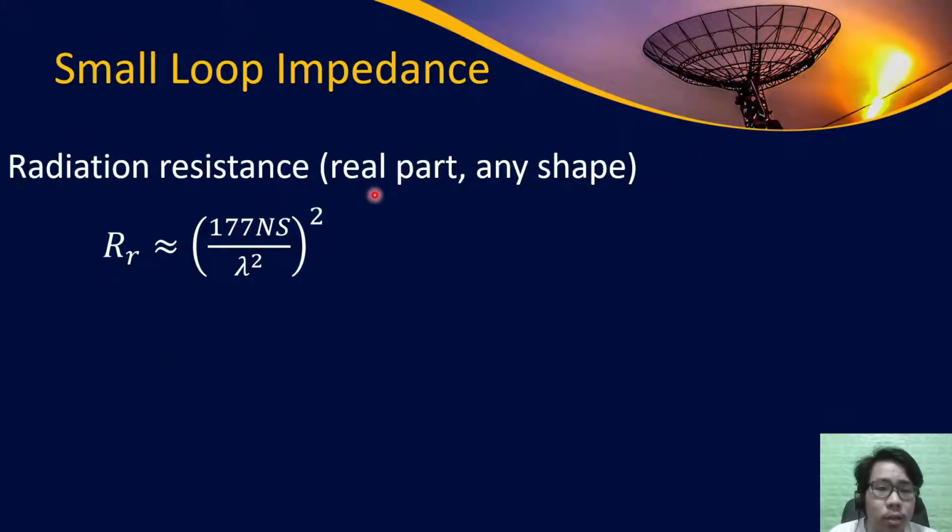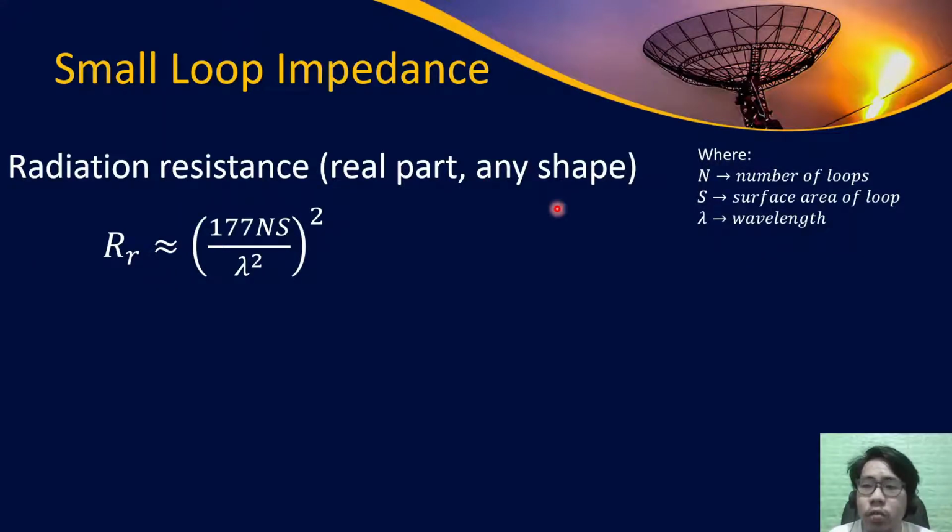The approximated formula here is 177 times (n times s divided by lambda squared) quantity squared. The n here stands for the number of loops, the s stands for the surface area of the loop, and the lambda stands for the wavelength.